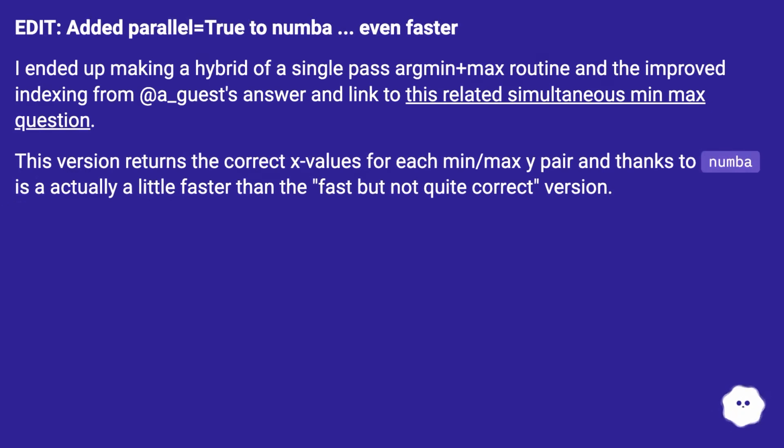I ended up making a hybrid of a single-pass argmin plus max routine and the improved indexing from @_sensor and linked to this related simultaneous min-max question. This version returns the correct x values for each min/max y pair, and thanks to numba is actually a little faster than the fast but not quite correct version.